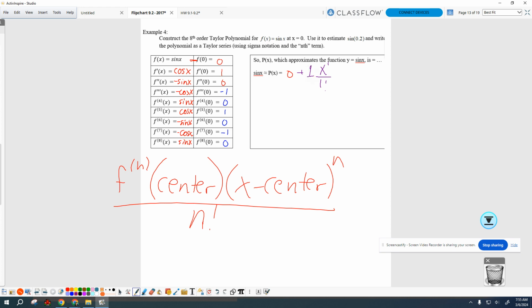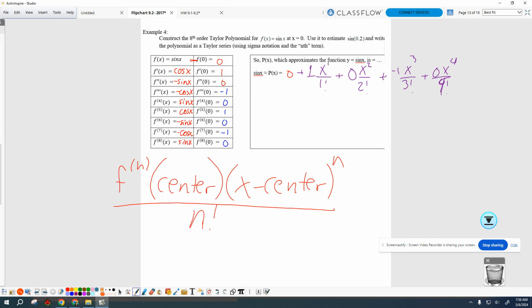Okay. Plus second degree, 2 factorial, second derivative, looking at the chart, is 0. Plus third degree, 3 factorial, third derivative, -1. Okay, now we're catching on.